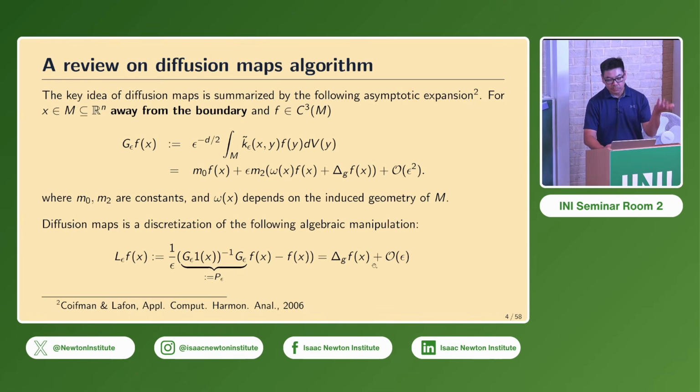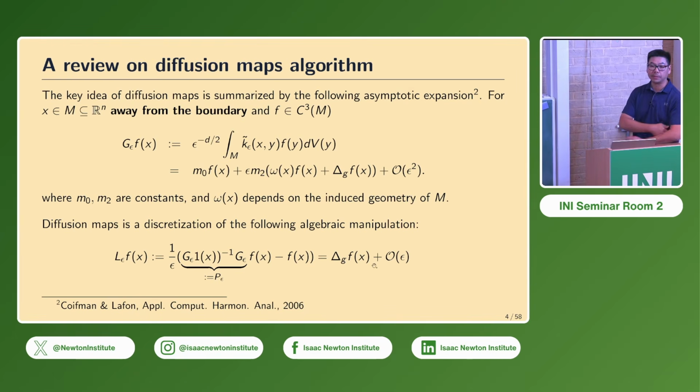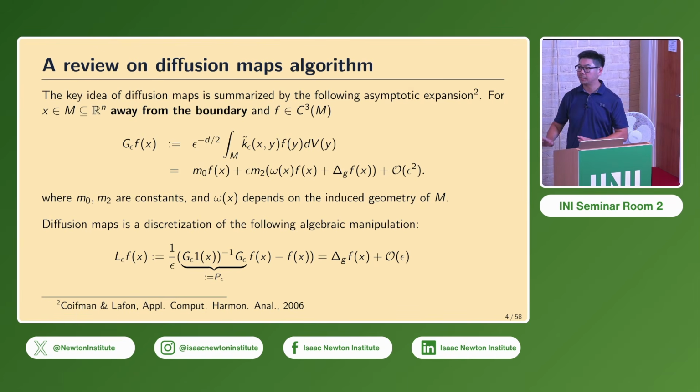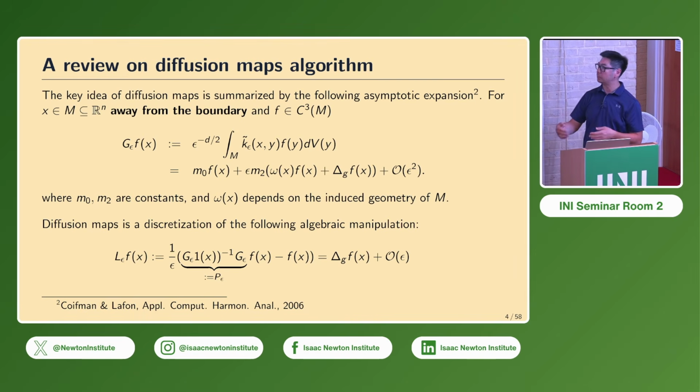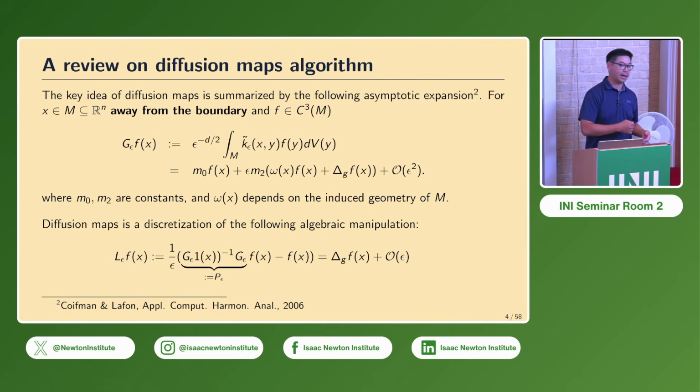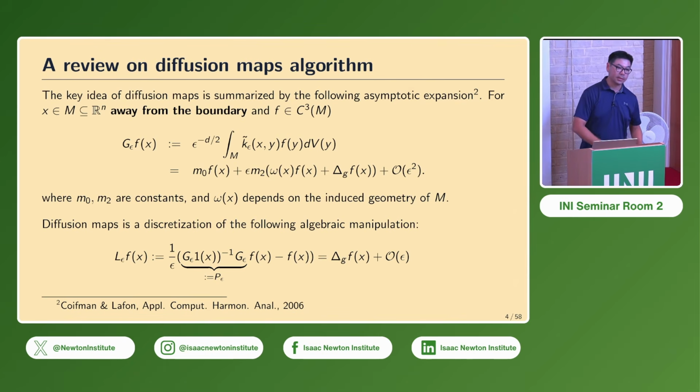It gives you a Laplace-Beltrami operator up to order epsilon. Is that clear so far? This is just the simplest version I'm showing for the presentation. If you read the paper, if your data lie on a non-uniform density, there's a way to remove the bias induced by the density.